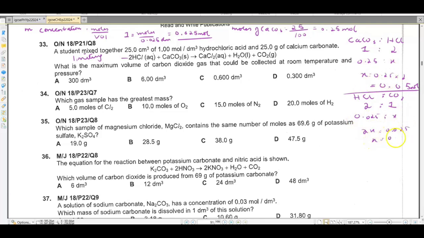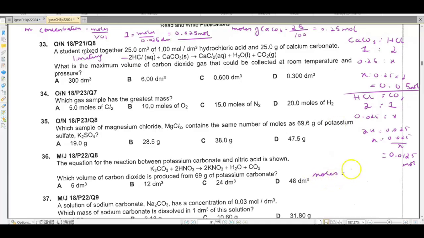So X is equal to 0.025 over 2. So the number of moles of carbon dioxide are 0.0125.